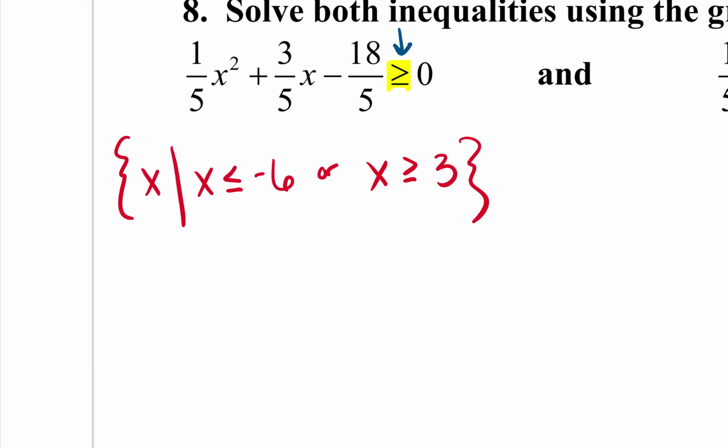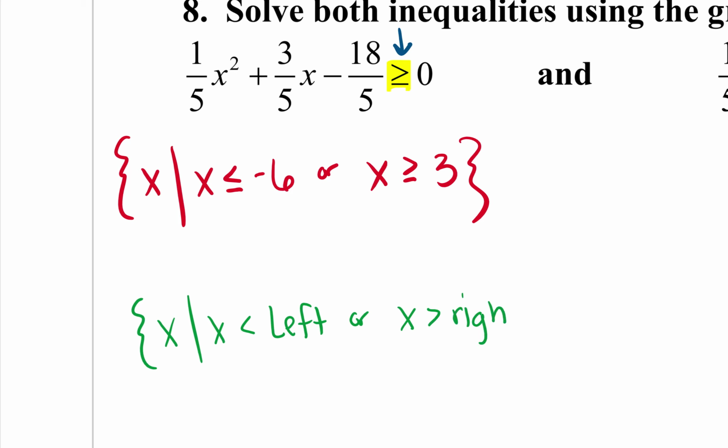So remember, this one, if you forgot, is just the format: x such that x is less than my left number, or x is greater than my right number. Okay? Then of course this symbol can be underlined or not, and same with this one. It just depends on what you're given in the question.